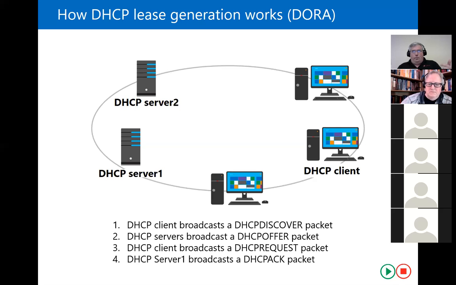A router won't pass a broadcast. Unfortunately, that means you have to have a DHCP server inside the network. You can't have one over here on the other side of the router, unless, of course, you've got the router configured to allow DHCP through. It's called DHCP forwarding, and it turns it into a unicast packet.